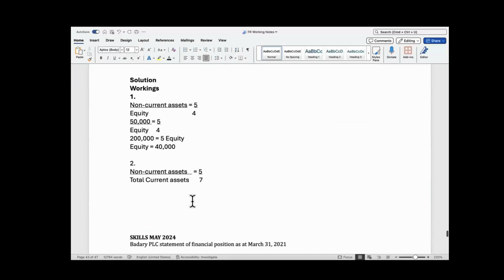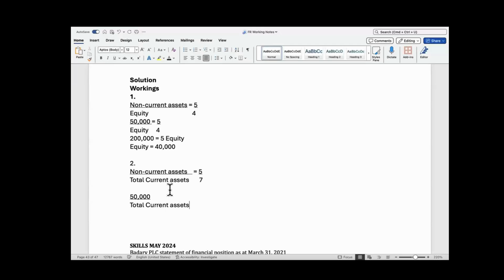I already know my non-current assets are 50,000, but I don't have total current assets. Cross multiplying, 50,000 times 7 is 350,000, equals 5 times total current assets.